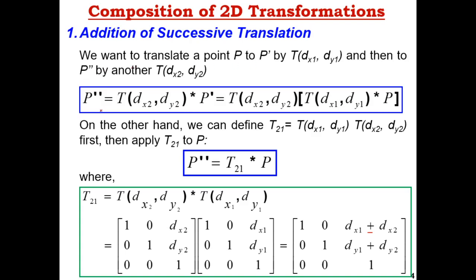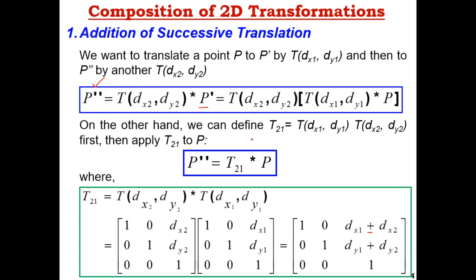You can see that P is applied to the first translation matrix to get P dash, and P dash is applied to the second translation matrix to get the final translated vertices.